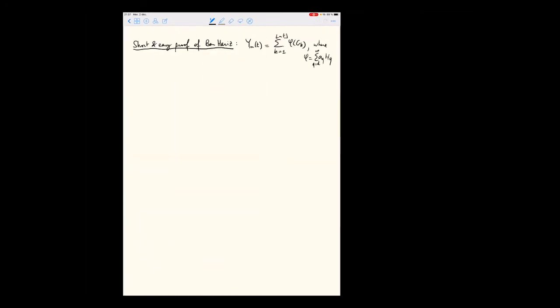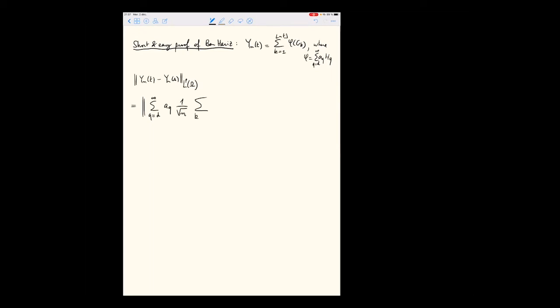So I start with the L^p(Ω) norm of Y_n(t) minus Y_n(s), and for the moment in my mind p is strictly bigger than 2. Okay, so first of course I can plug in the expression of Y_n(t) and also replace phi by the sum of a_q H_q, and so if I do so, I get the sum over q of a_q, and then I have 1 over square root of n.